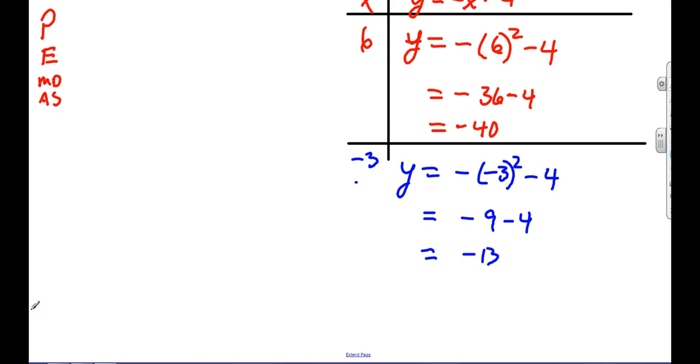Okay, so there's some different parts that they give to you. Again, it's order of operations, and it's just plotting some points on the graph. And then the last couple of things we get here are x-intercepts and y-intercepts.